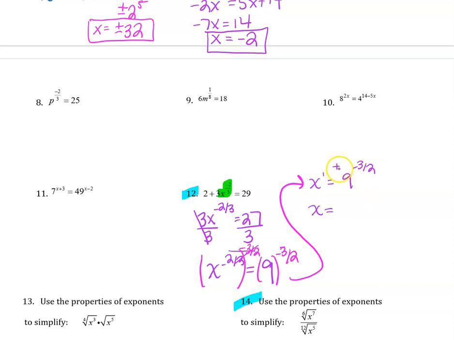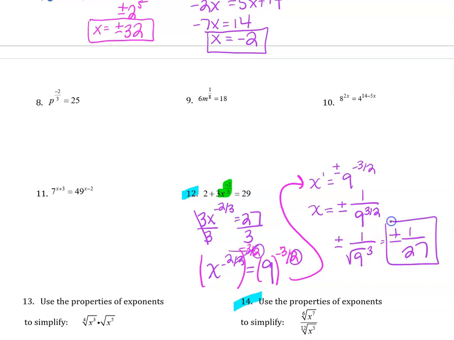Oh, and I technically get plus or minus, because when I raised the reciprocal power, the denominator was even. So I get plus or minus 1 over 9 to the positive 3/2, which is plus or minus 1 over the square root of 9 cubed. Square root of 9 is 3. 3 cubed is 27, so plus or minus 1 over 27 is your final answer.